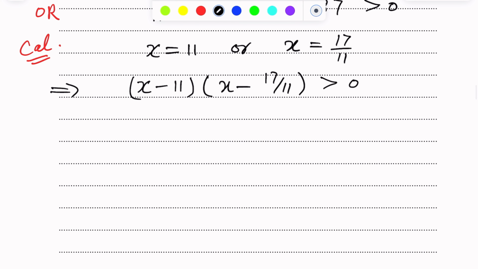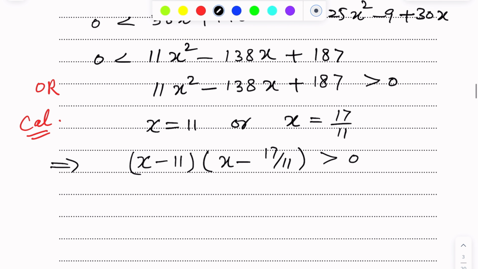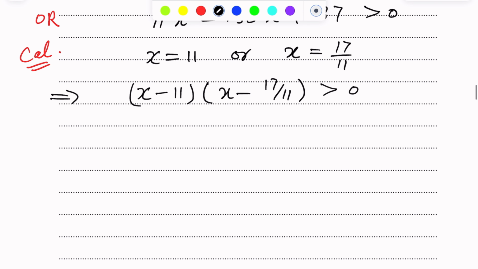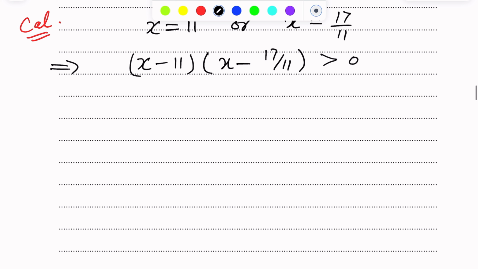Now we write here the set of values of x which satisfy this inequality. For this, we will take help from this diagram.